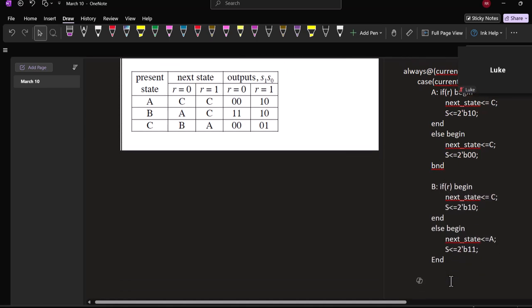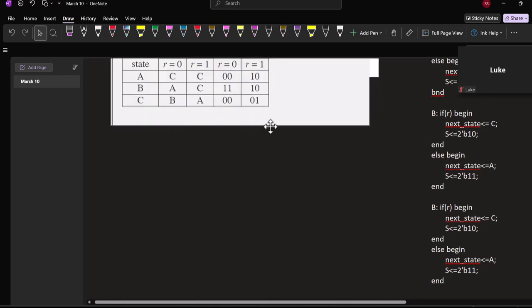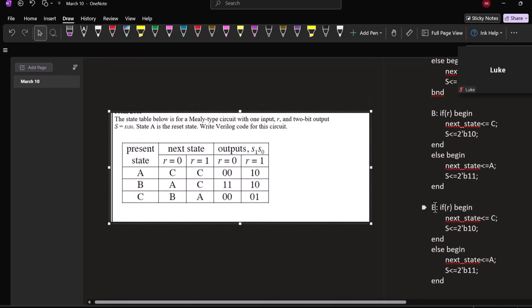And then we have state C. If R equals 1, our next state is A, and our output is 0, 0. And if R equals 0, our next state is B, and our output is 0, 1.